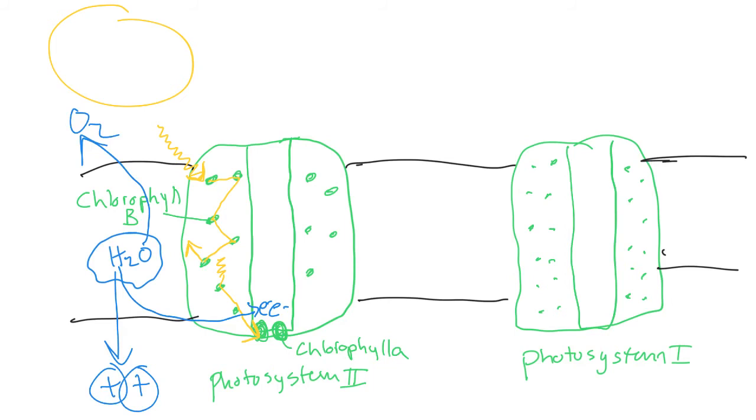Yes? So chlorophyll B is these little guys in here, and chlorophyll A is in here? Yes, right? So if you wanted to label them, we'll label this at the end, but the ones on the outside are part of our antenna complex, and then the ones in the middle are our reaction center.